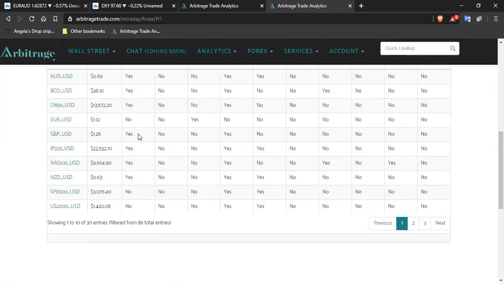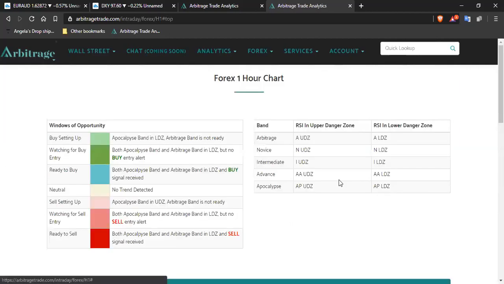GBPUSD, that's a confirmation that on the 1 hour time frame, it's also at the upper danger zone. NAS 100, same thing. It's at the upper danger zone. Although I don't really trade NAS, I like SPX 500 better, I'll still look at both.